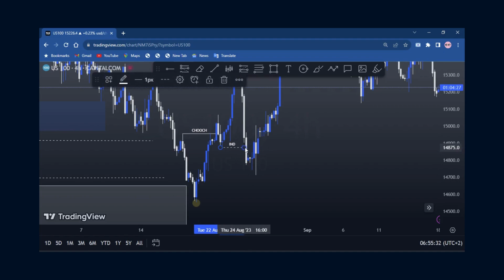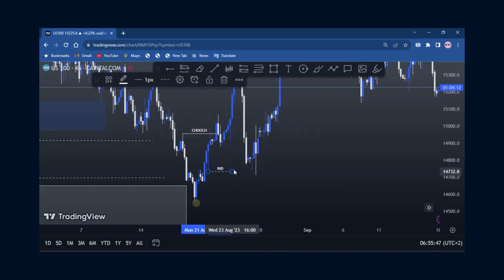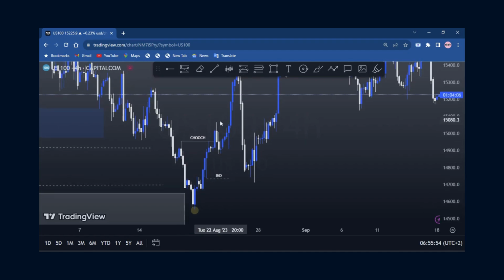Now remember guys, inducement is that final pullback, right? Before the market broke structure. So in fact, we can say this is our pullback before the market broke structure, because the market had a change of character there. Then it went down and it broke that high.